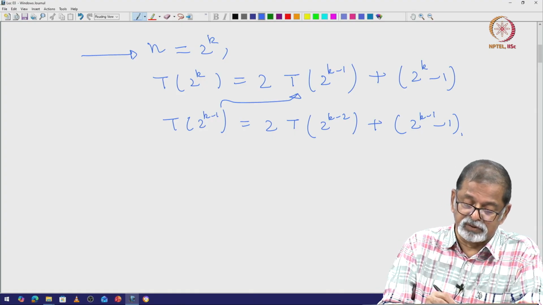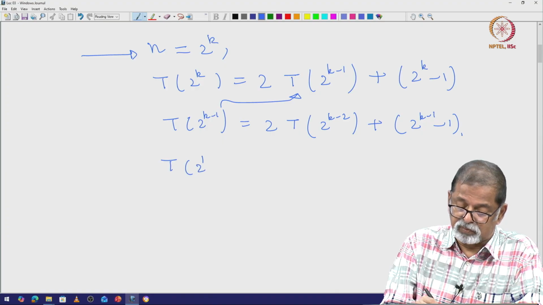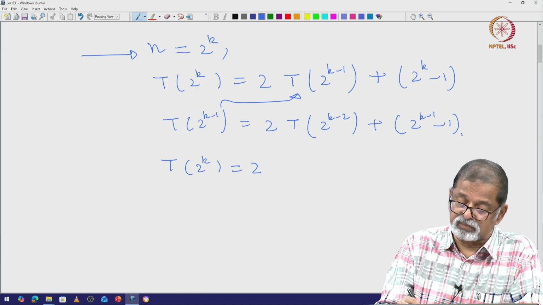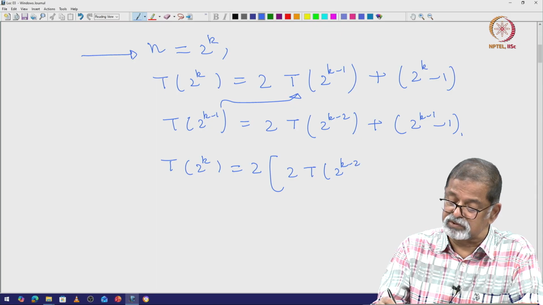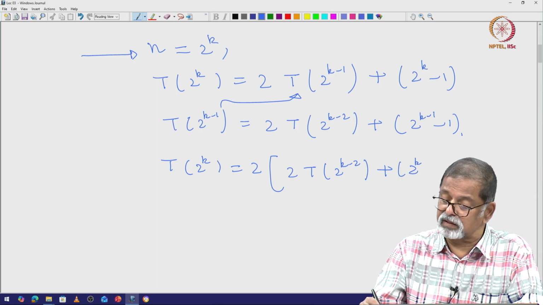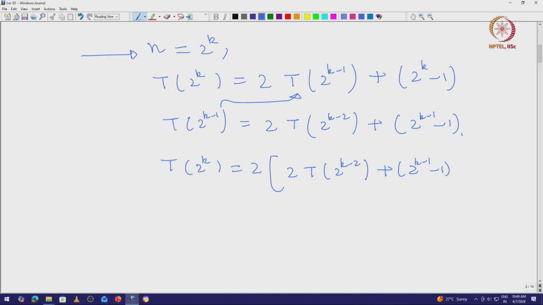When you substitute that value, you obtain T of 2 power k is 2 times T of 2 power k minus 2 plus 2 power k minus 1 minus 1 plus 2 power k minus 1. This is nothing but 2 square T of 2 power k minus 2 plus 2 power k minus 2 plus 2 power k minus 1.